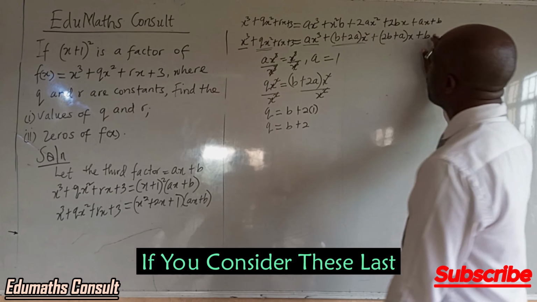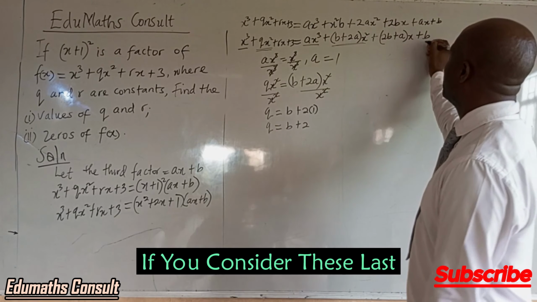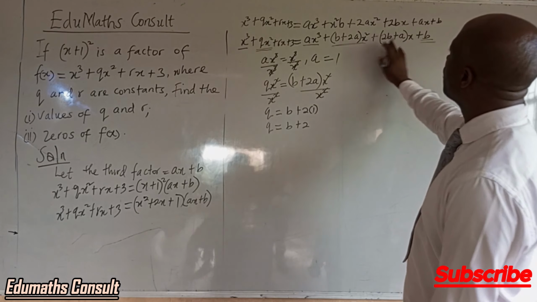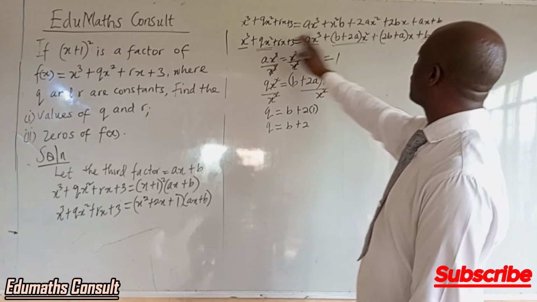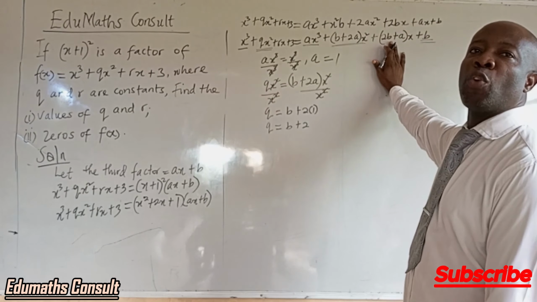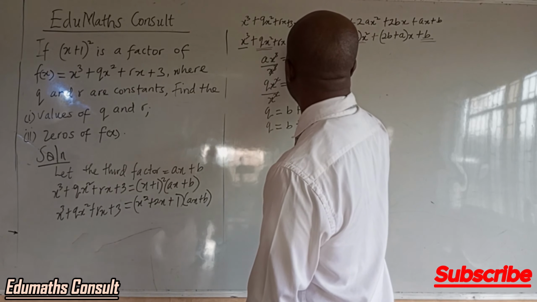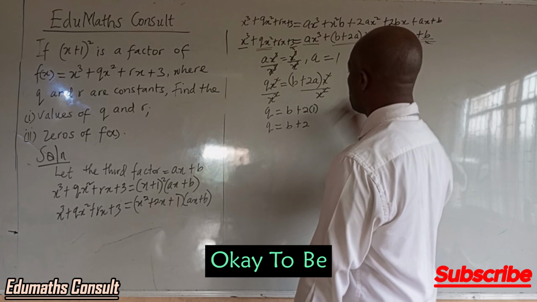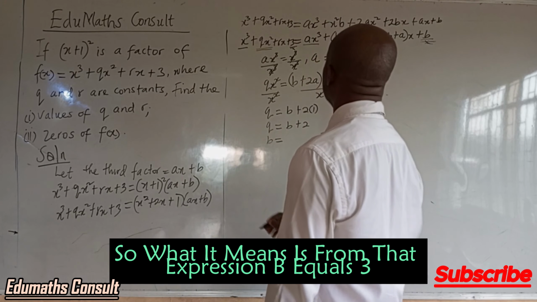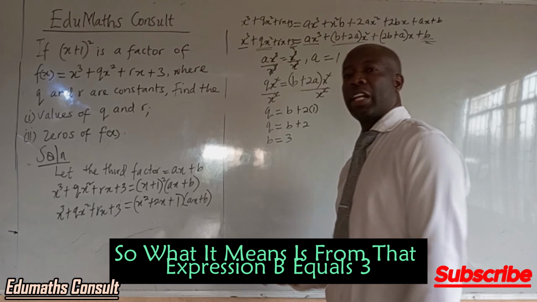Then if you consider just this last digit, the reason I will not be comparing the middle terms is because I would still be having a repetition of unknowns. So compare this b with this. From that expression, b equals 3.